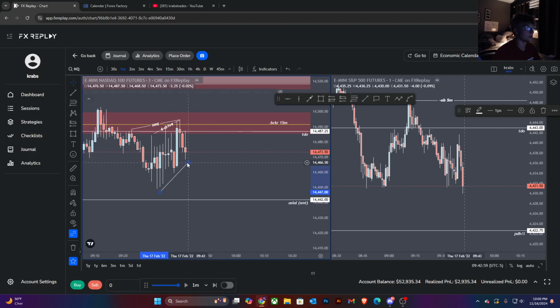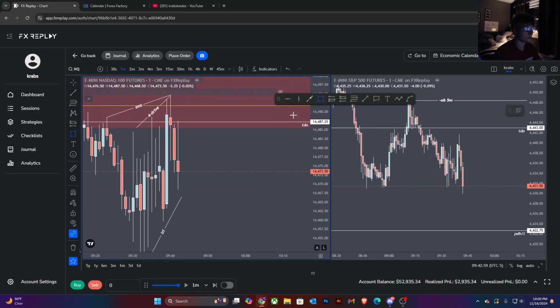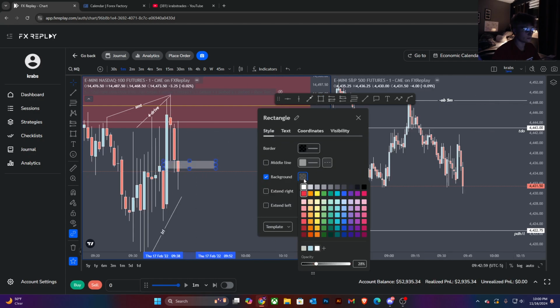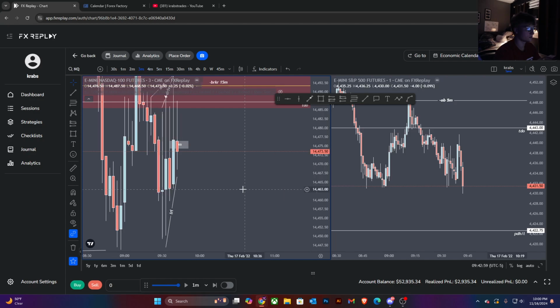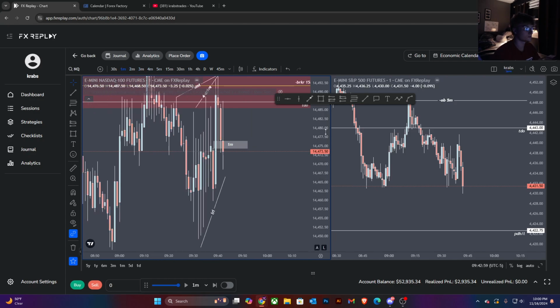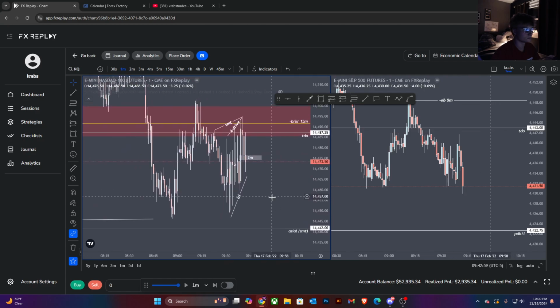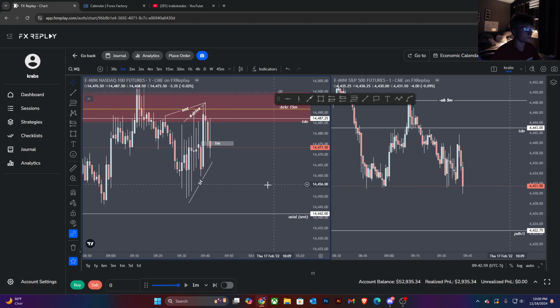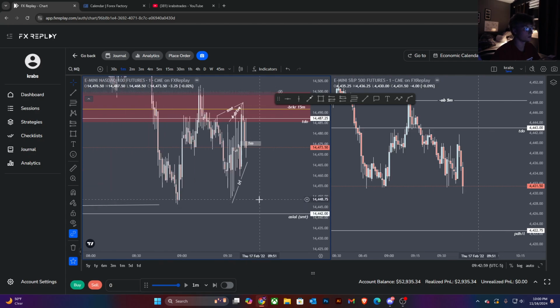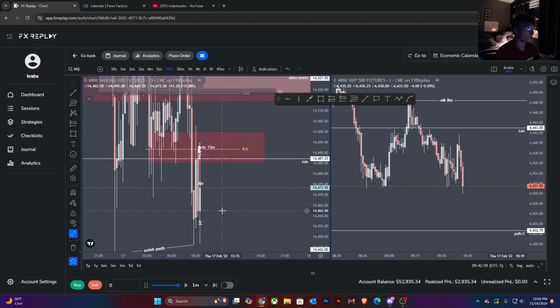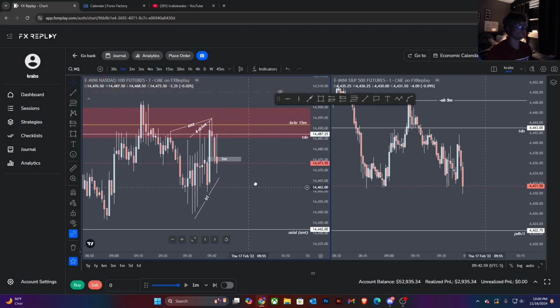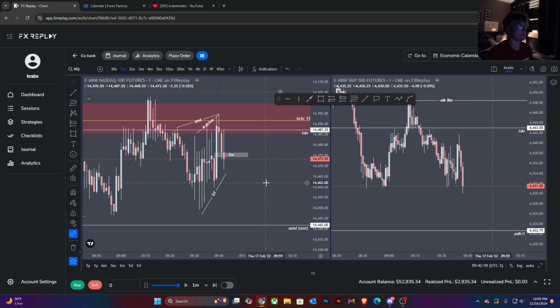Low resistance liquidity. Momentum inversion. I think we've run down to Asia on NQ as well. This PA is crazy though, I'm not gonna lie.